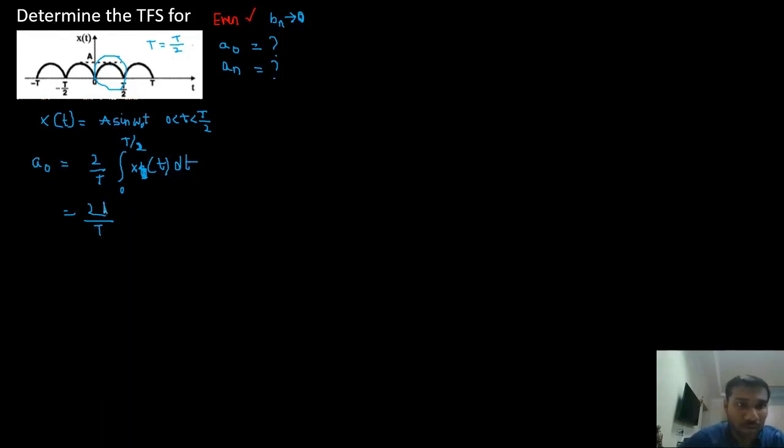A is a constant, so 2A by T, integral 0 to T by 2, sine omega naught t dt, right?